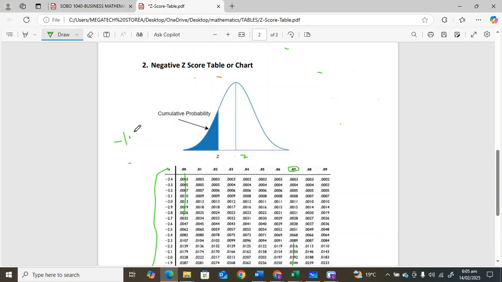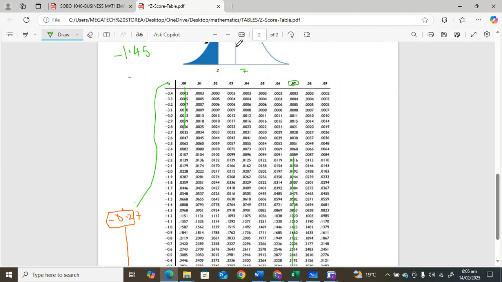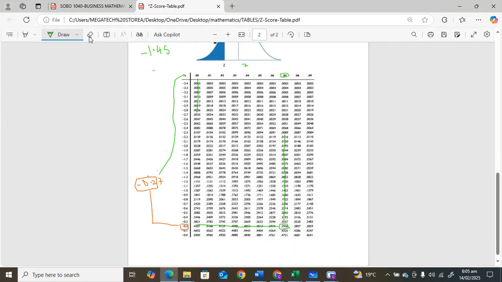So the first two digits, negative 1.4 here.